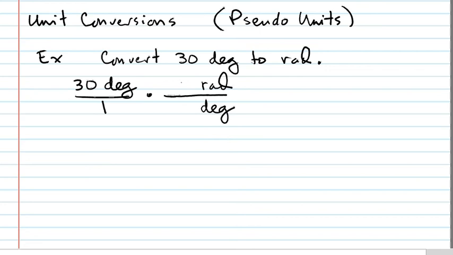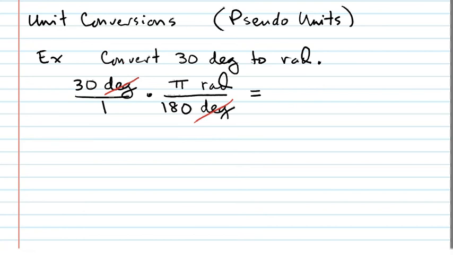And we had that pi radians, that's half of the circle, is 180 degrees. The degrees cancel, and the 30 and the 180 will cancel down, leave 6 in the denominator, I believe.